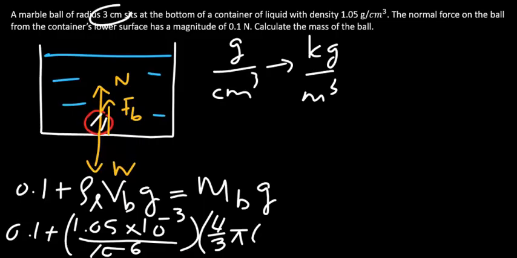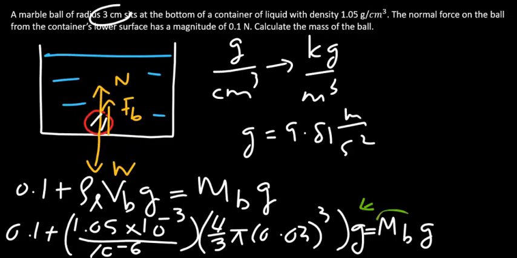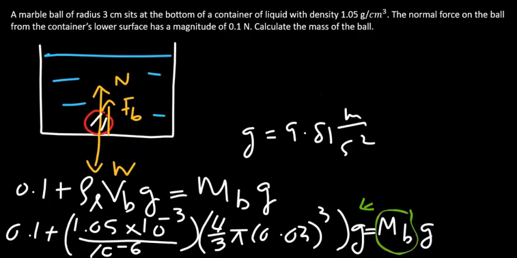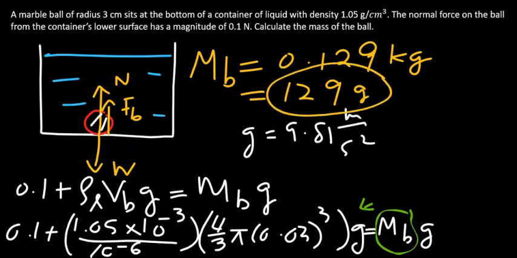Radius is 3 cm, so 0.03 meter cube, times g equals the mass of the ball times g, where g can be taken to be 9.81 meter per second squared. You see, we know everything in this equation except for the mass of the ball, and that can be determined. Solving for MB, you get MB to be 0.129 kg, or about 129 grams. And that solves the problem. Thank you for watching.